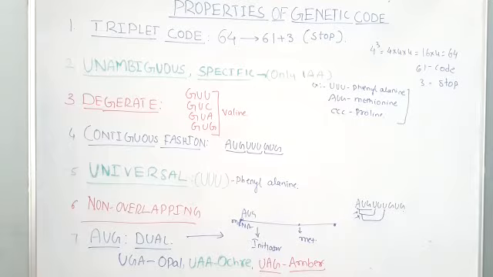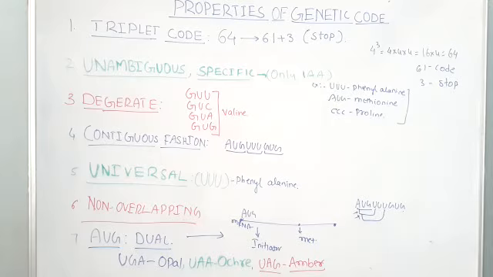Next comes the third property, degenerate. There is a spelling mistake, make it correct: degenerate. So what is degenerate? It is the opposite of unambiguous. Opposite in the sense that in degenerate, a single amino acid is coded by more than one triplet code.